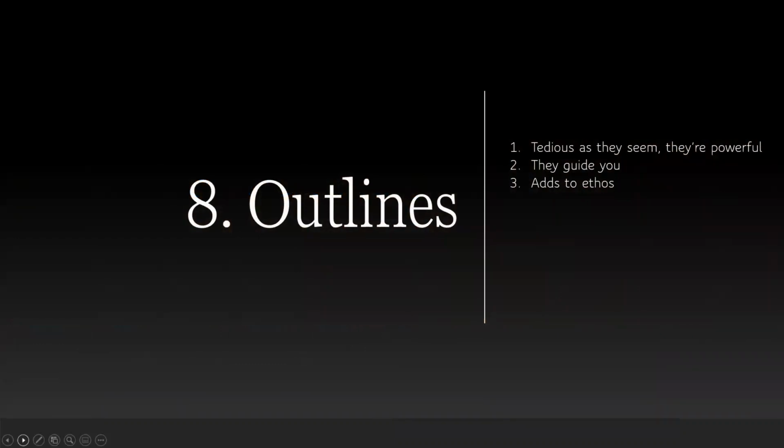The assignment that's going to close out this week is an outline, and as awful and boring as they seem, even in a professional context, they're a lifesaver because it's going to help you break down what you need to do.